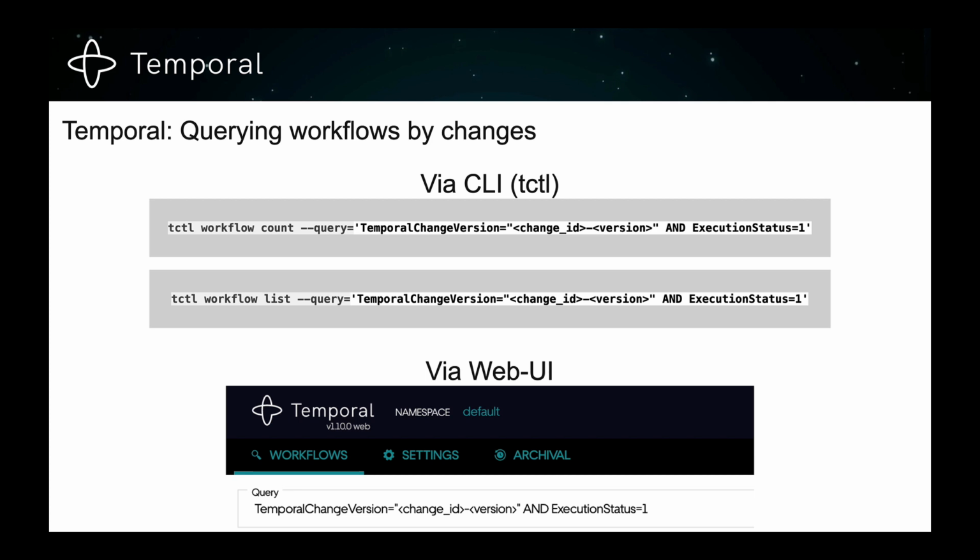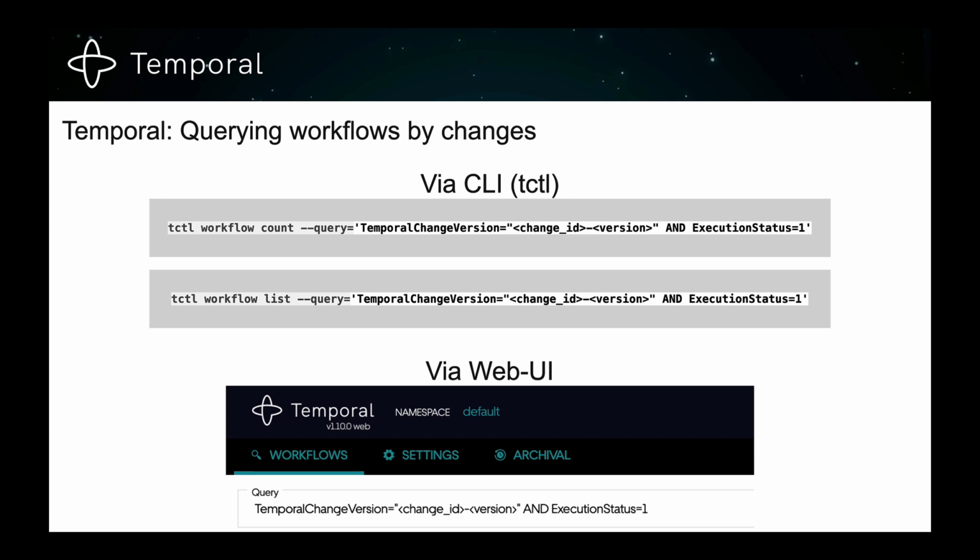And we add here an execution status equals 1, meaning that we only want to query workflows that are currently running. Now, TemporalChangeVersion is a search attribute, and Temporal is going to update it whenever it sees a particular change in our workflow, given its change ID and version. Now, for this to run, of course, you have to enable Elasticsearch on the Temporal server.